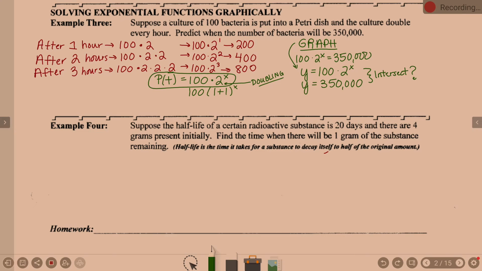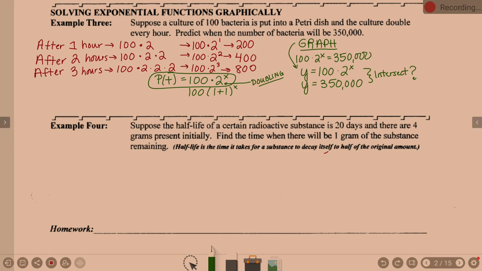Intersect. So if I go into second calc, and I go down to number 5, intersect, the first question it's asking is, what do you want your first curve to be? For me, it has the 100 times 2 to the x. Just as long as it has one of your curves highlighted. And if you only have 2 curves in, you're not even going to have to change anything. So I'm going to hit enter. Then it says, what does it want my second curve to be?